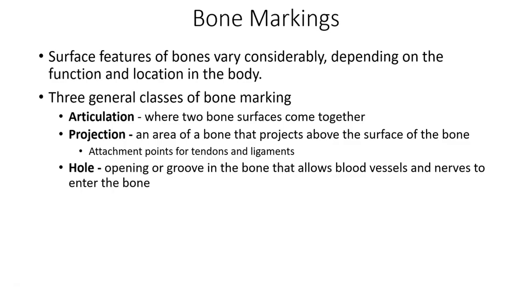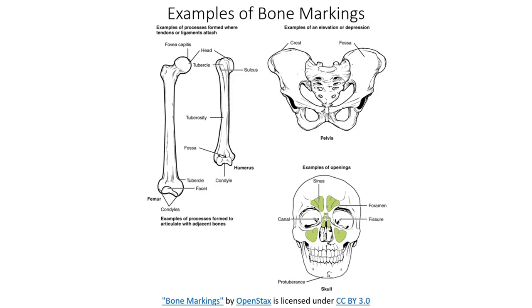Projections, some part of the bone that projects or is raised above the surface of the bone; these are frequently attachment points for tendons and ligaments. And then a hole in the bone. This is an opening or groove that allows blood vessels and nerves to pass through the bone or enter the bone itself.